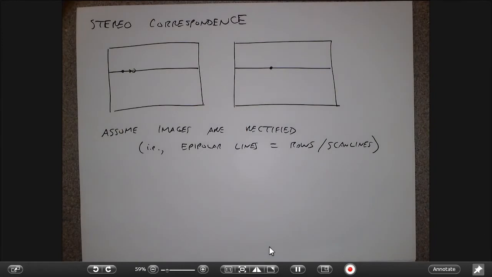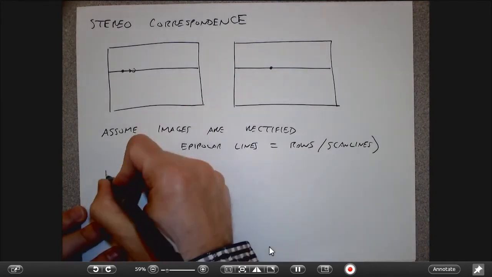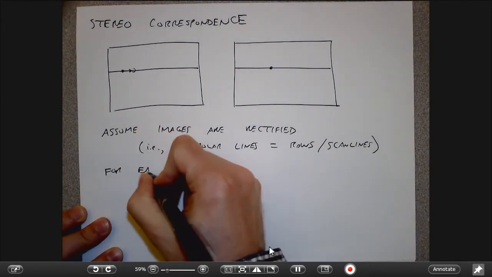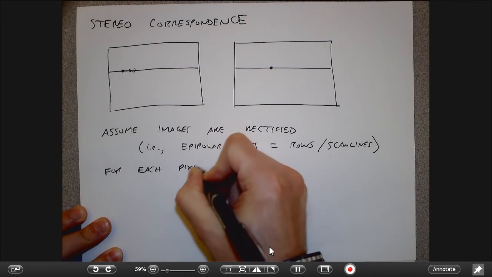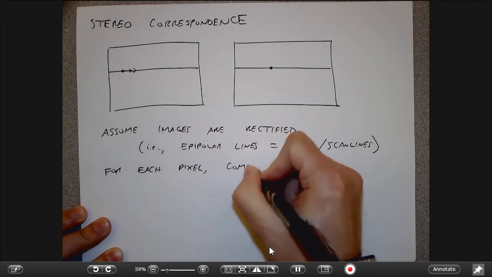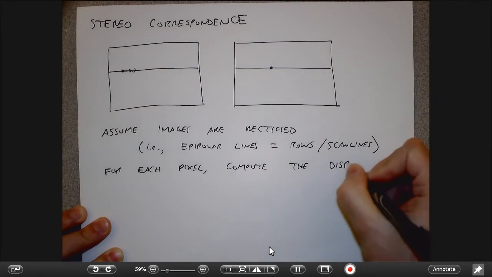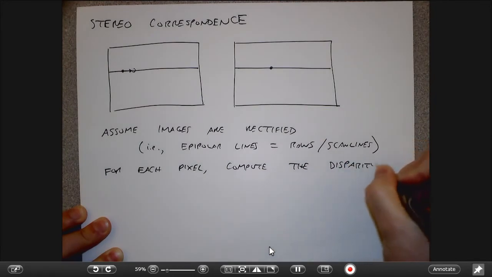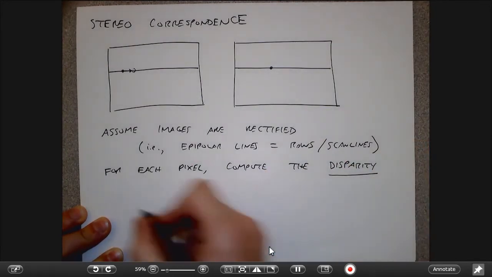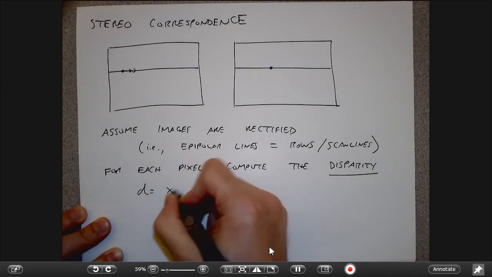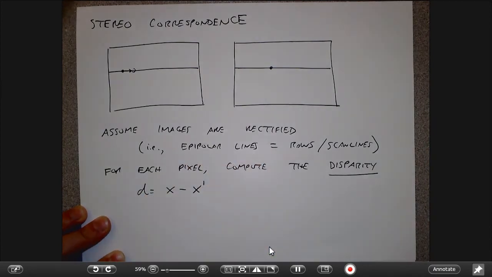So I'm only computing one dimension of information, and that dimension is called the disparity. For each pixel, compute the disparity, which we define as d equals x minus x prime.